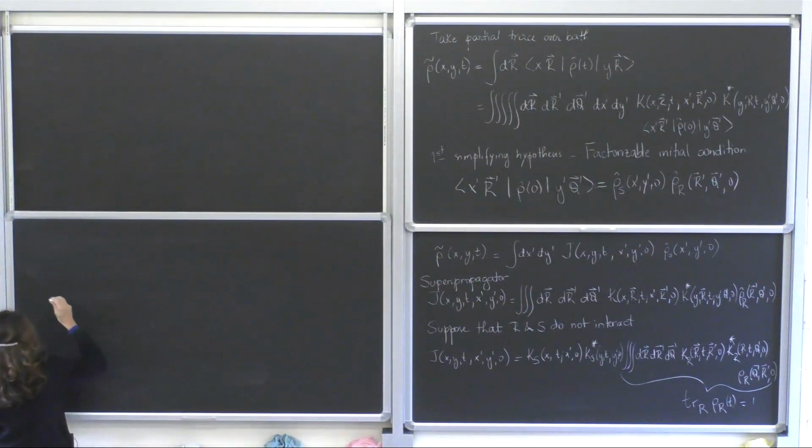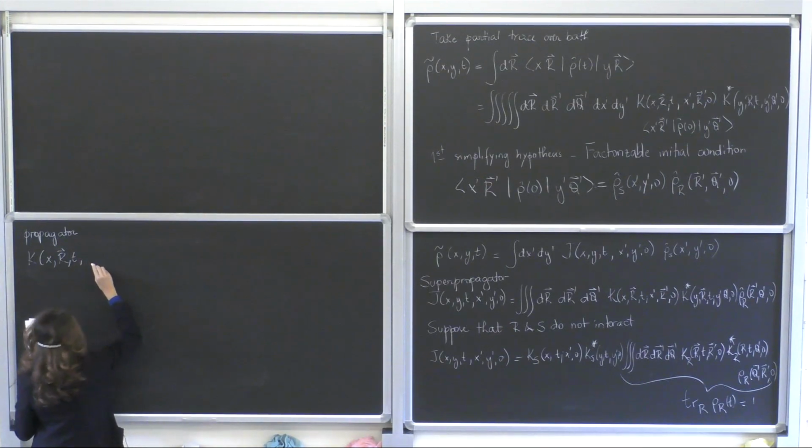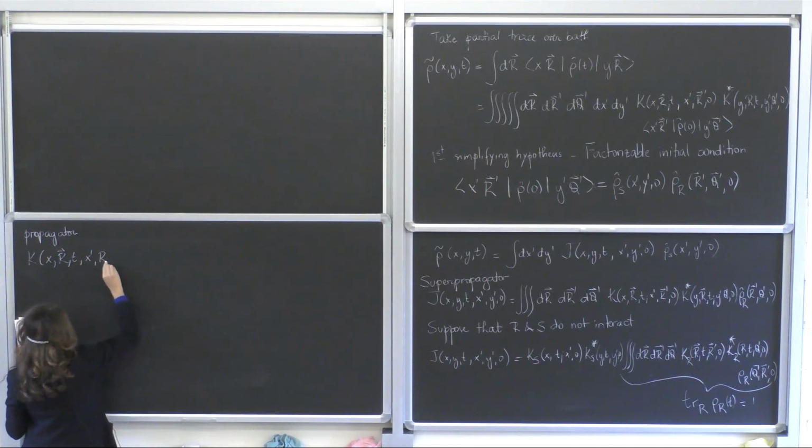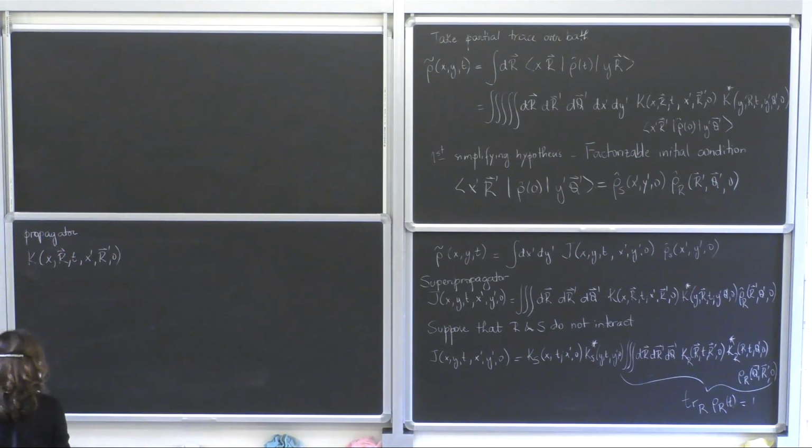So we need to calculate the propagator, the Feynman propagator, K of x, r, t, x prime, r prime, 0 for the composite system.